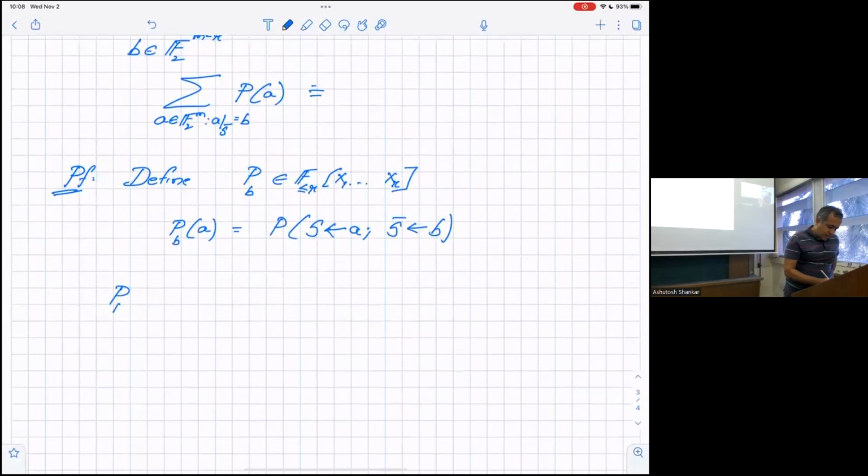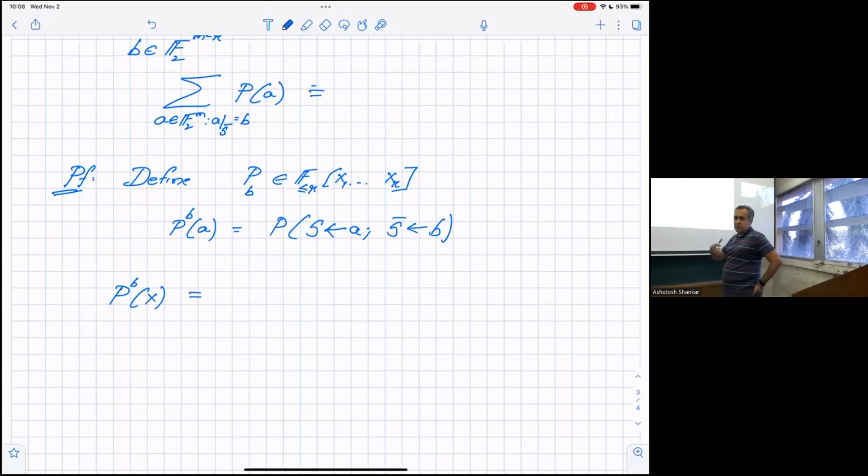Now let's look at PB of X. It is some polynomial, so let's look at its polynomial expansion. P had some polynomial expansion.